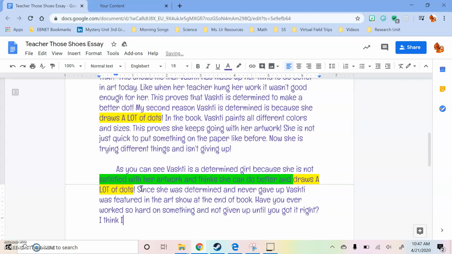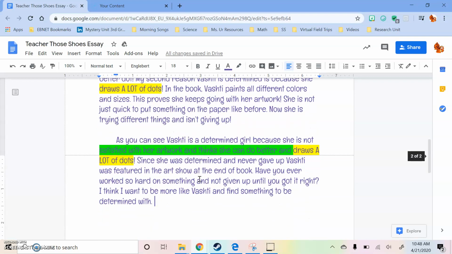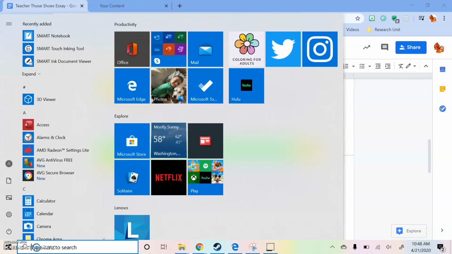I think I want to be more like Vashti and find something to be determined. Oops, determined. Oh, sorry, spelling. All right, so now I have my conclusion paragraph.